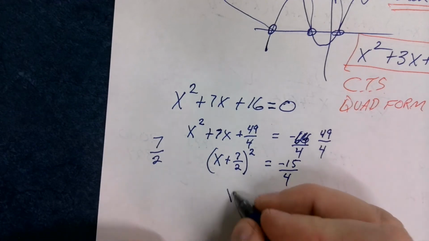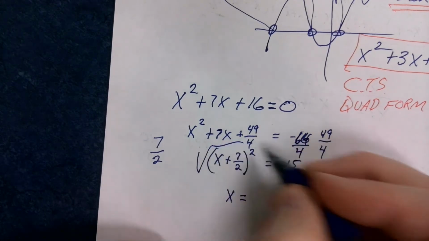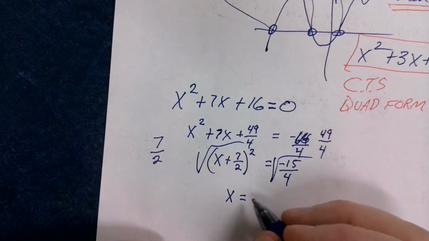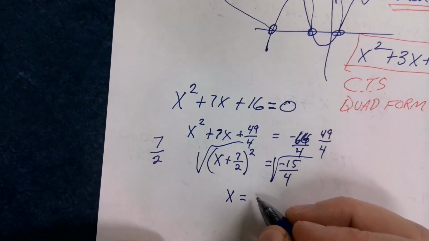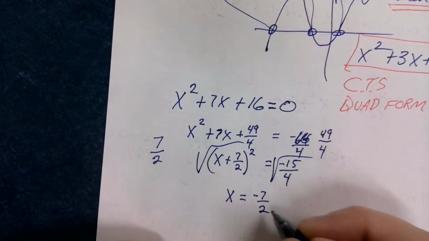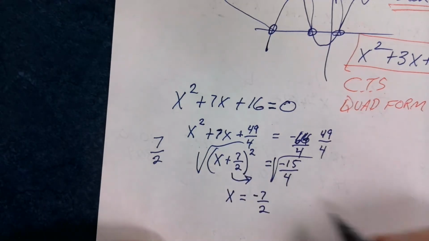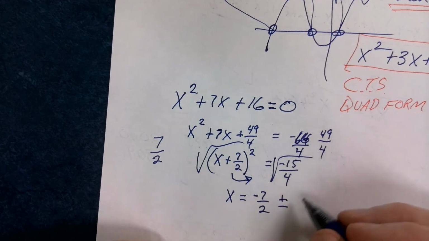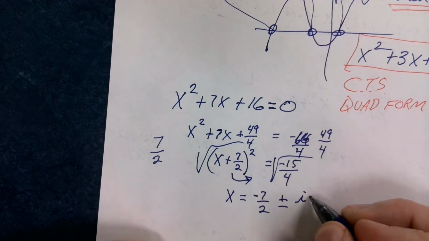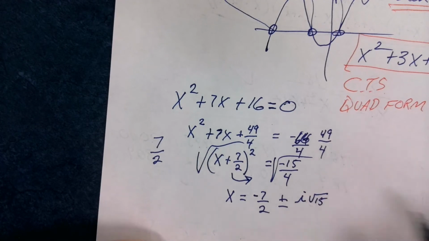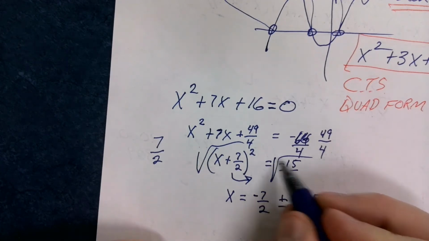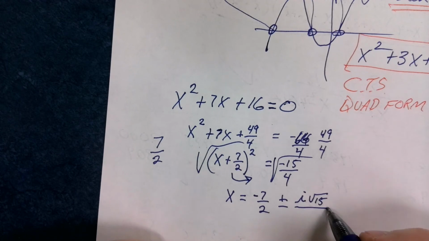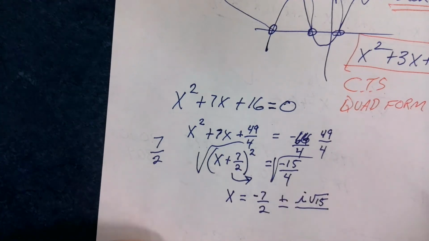And then I get x equals, because I have to square root both sides, x equals negative 7 halves plus or minus, and this is going to be weird for you, root 15, pull the negative out, gives me the i, and I'm going to pull the 4 out of the radicals because the square root of 4 is 2.